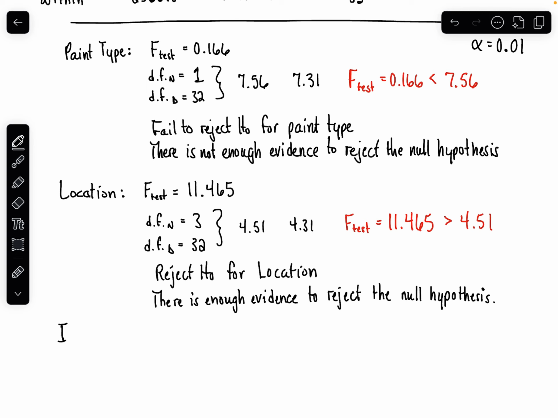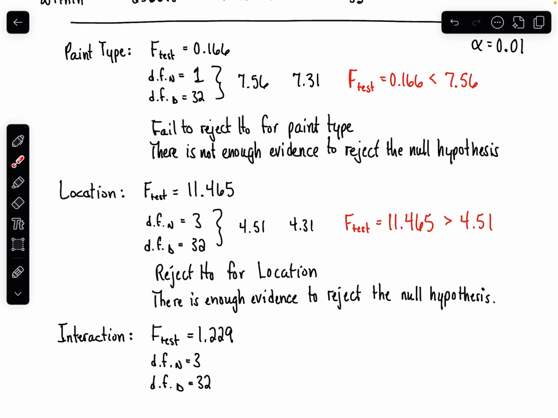And then, lastly, we have the interaction. The test statistic for the interaction is 1.229. The degrees of freedom for the numerator here was 3, and the degrees of freedom for the denominator is, as it has been, 32.